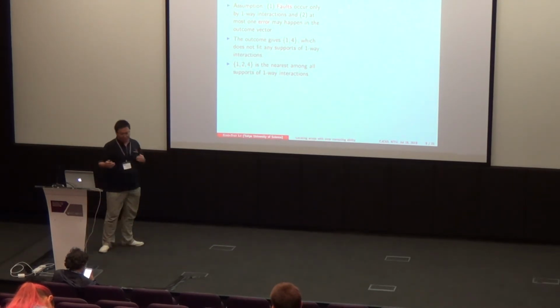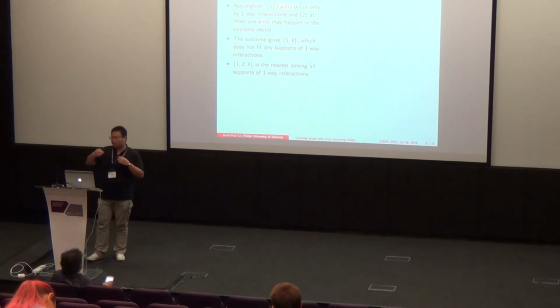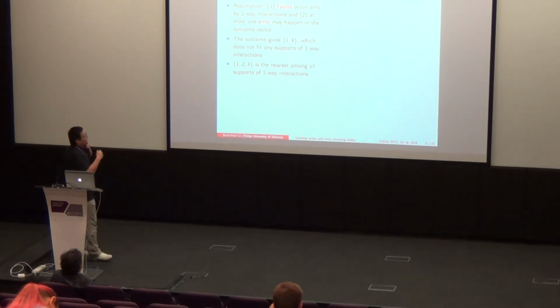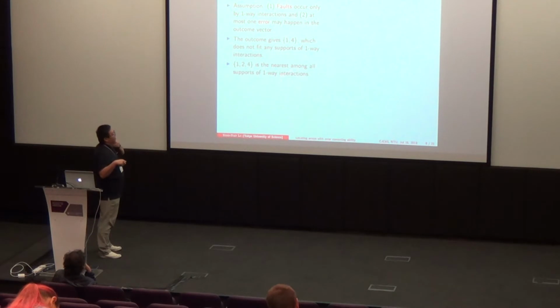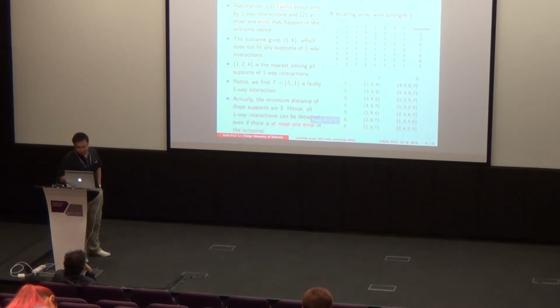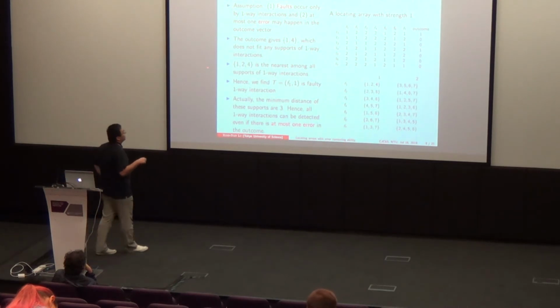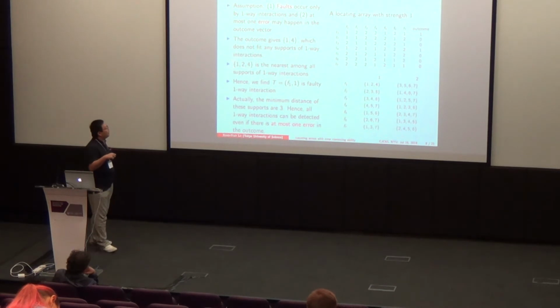The nearest means it has the smallest Hamming distance in terms of coding theory. So in this case, maybe we can say that there may be 1 error, and the correct answer may be 1, 2, and 4.